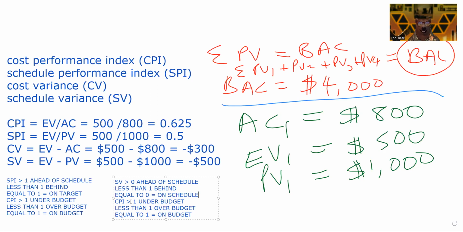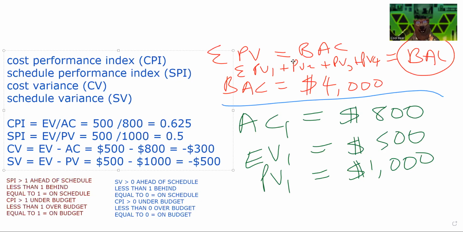Cost variance greater than 0, you're under budget. Less than 0, over budget. Equal to 0, right on budget. So we can say on schedule for this. And we'll go ahead and tweak the legend on the screen.